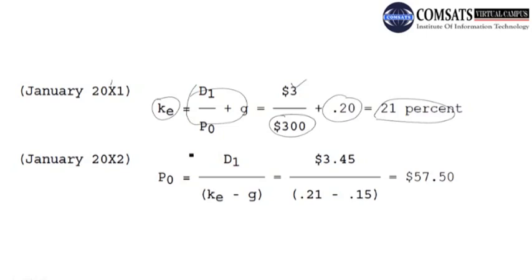And after 1 year, what happens is the dividend paid will be $3.45, whereas by using the same equation and rearranging it, we get the price of the share, it is equal to D1 divided by KE minus G. So we have KE equal to 21%, equal to 0.21 minus 0.15, that is the new growth rate of the dividend.